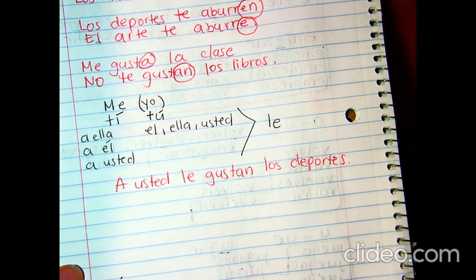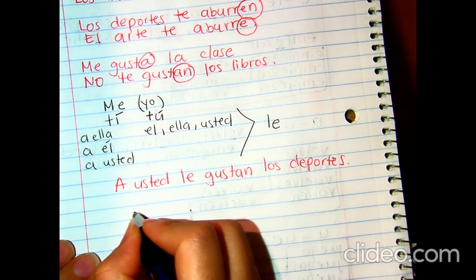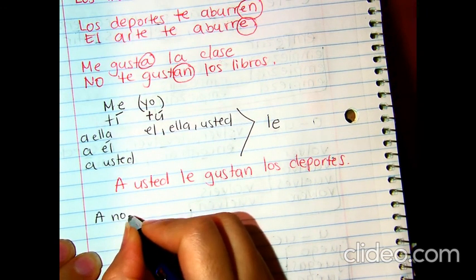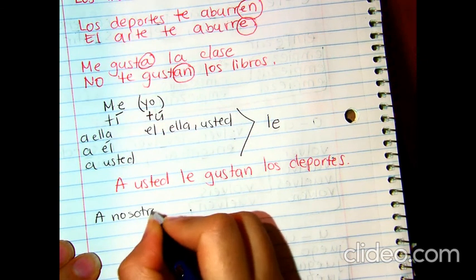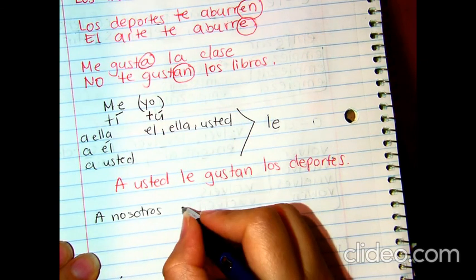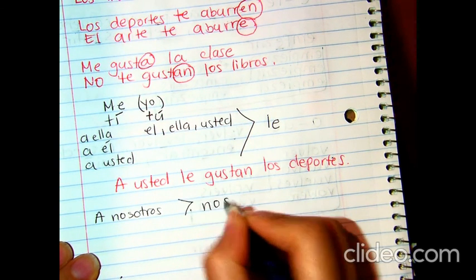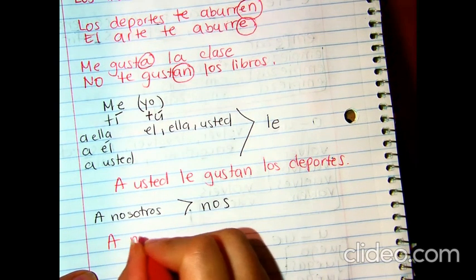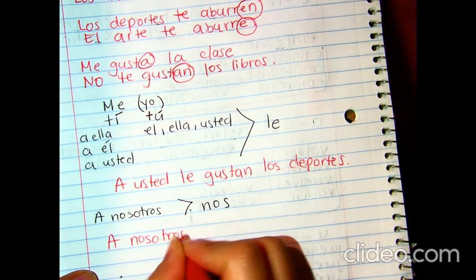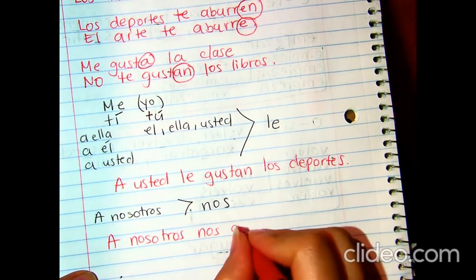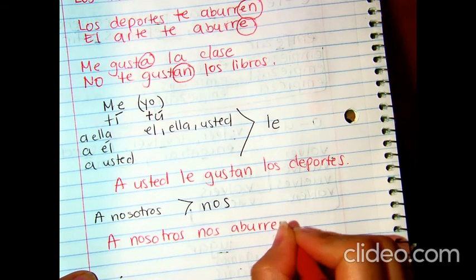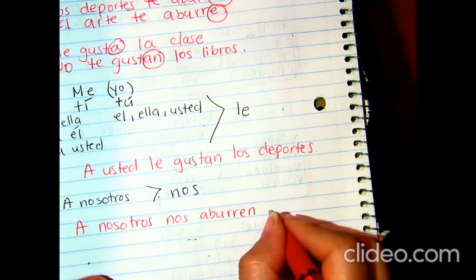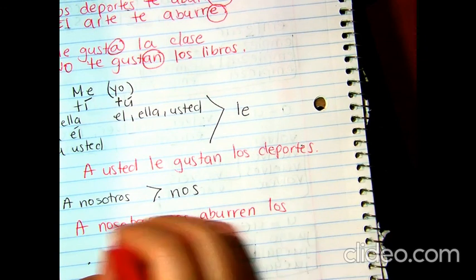So when you're talking about nosotros, you say a nosotros. Okay? And you use nos. A nosotros nos aburren los deportes.